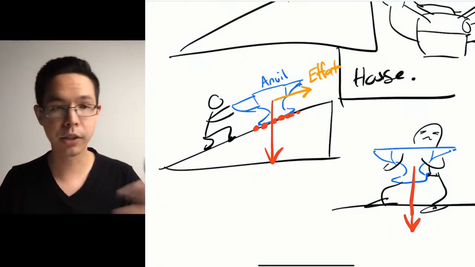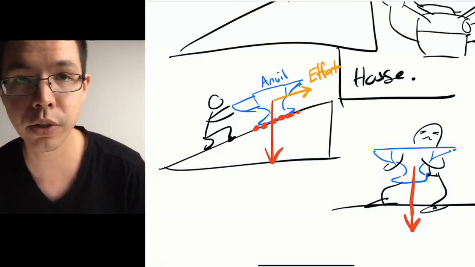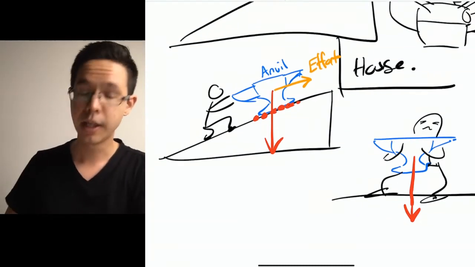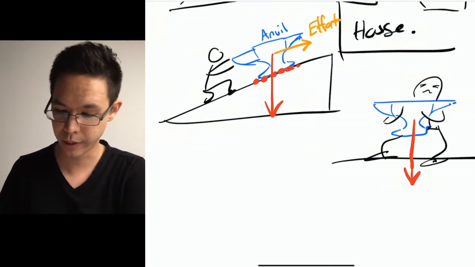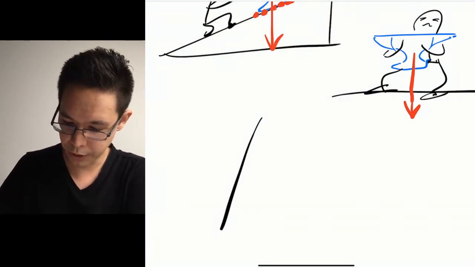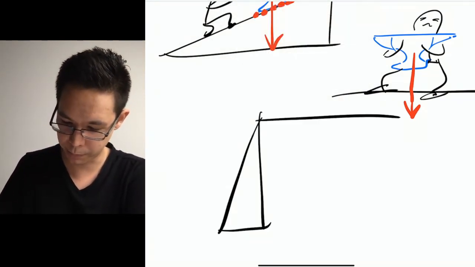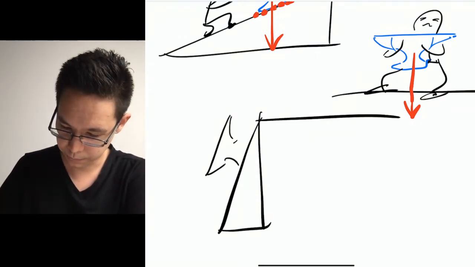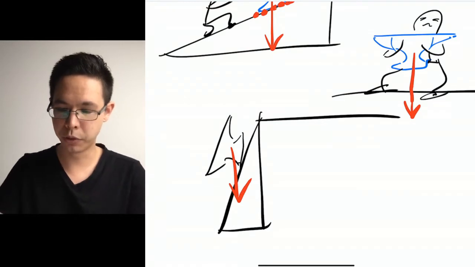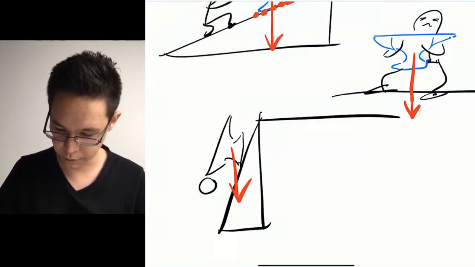But it does mean that you're not trying to overcome the entire weight of the object because the ramp itself is doing most of the heavy lifting for you. So I think you'll find that if you have a really steep ramp, okay, so here's my ramp here, and there's that anvil again, I think you'll agree that most of that weight force is on you, right?